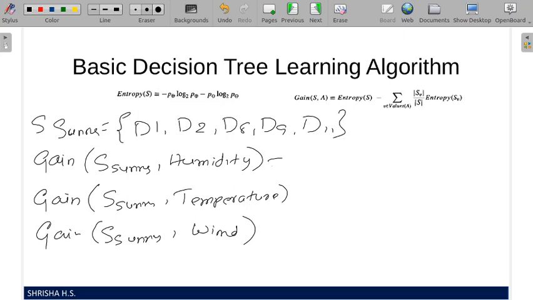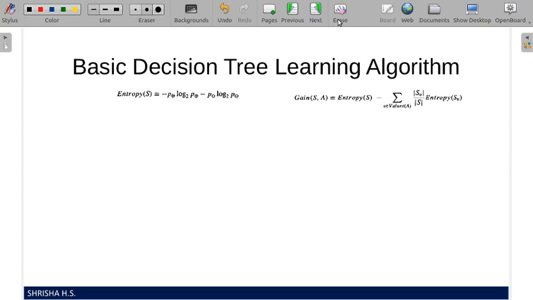So we have to calculate the information gain for all of these. Let's start with humidity. Gain equals entropy.